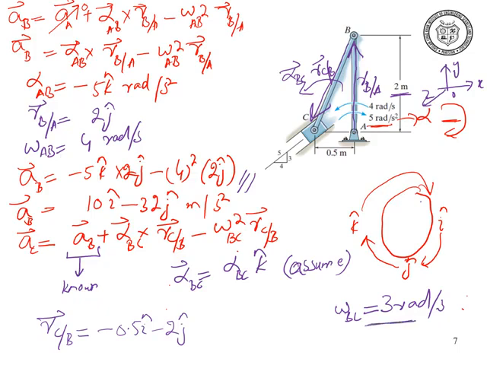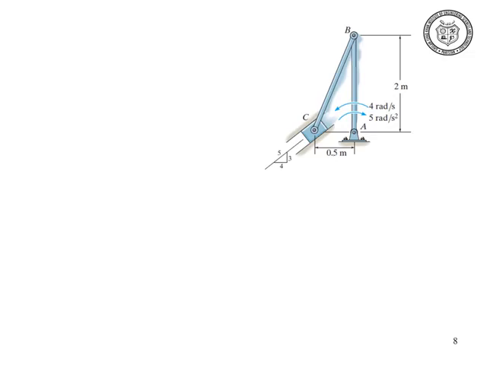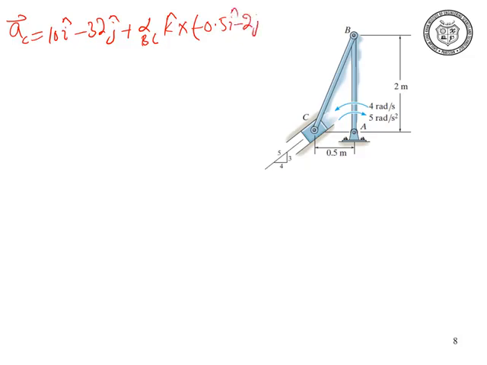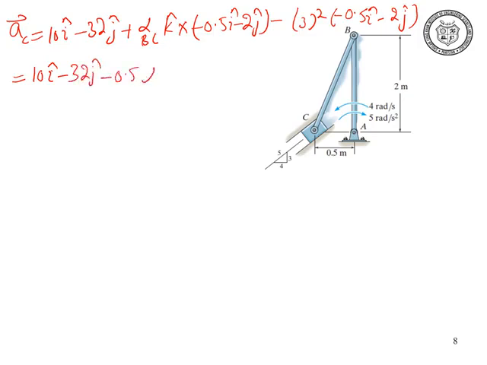So by putting the values in the above equation, we can find the acceleration for the particle C. The acceleration equation becomes AC equal to 10 I minus 32 J, which was the value of AB, plus alpha BC K cross minus 0.5 I minus 2 J, minus 3 square, which is the value of omega BC, times minus 0.5 I minus 2 J. After solving we get 10 I minus 32 J minus 0.5 alpha CB.